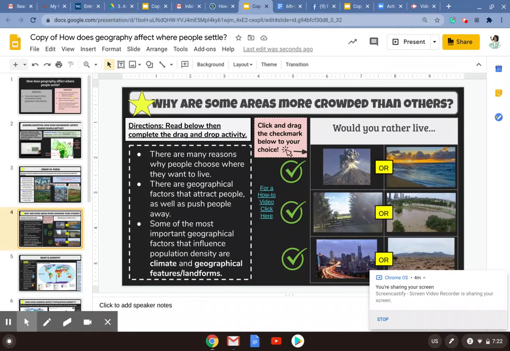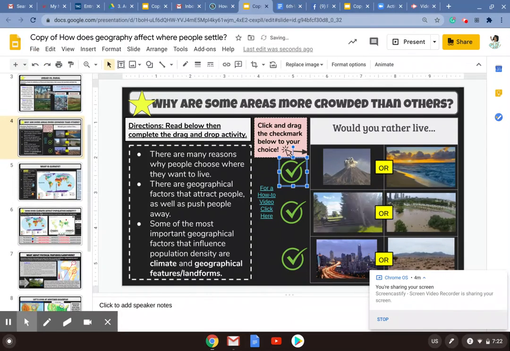Directions: read below, then complete the drag and drop activity. Read the 3 bullets. And then it says click and drag the check mark below to your choice. So would you rather live here or here? Make sure you're moving this arrow to where you want to live. Make sure you select it and it'll move.